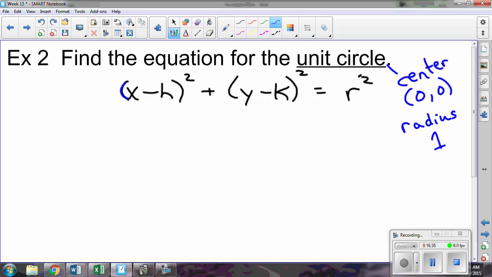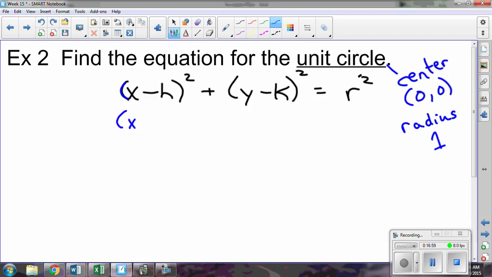I want to stress the importance of the unit circle. When we start working with trigonometry, we are going to use the unit circle a lot. It is very important to understand the unit circle for trigonometric purposes. Well, basically, all we have to do is start plugging this stuff in.